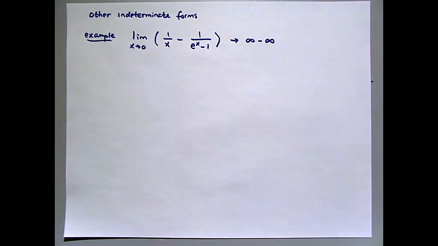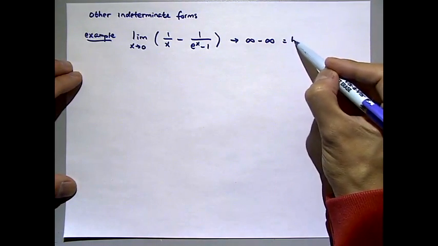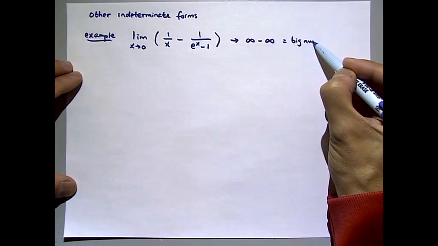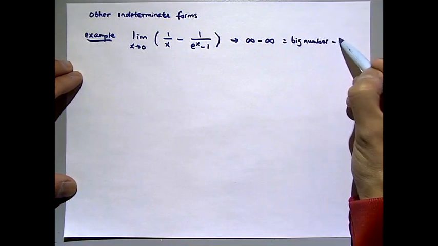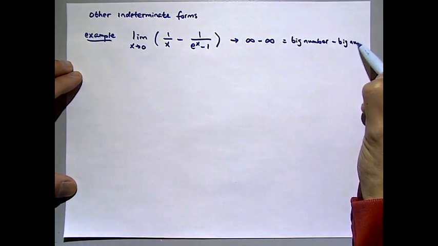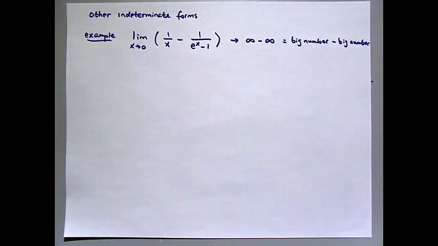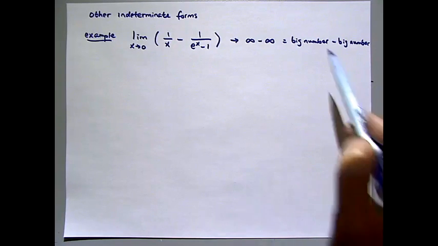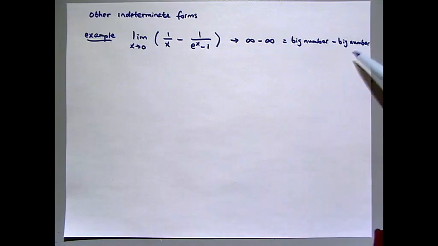The difference between two infinity really means a big number minus a big number. Now we don't know which one is bigger. The first one could be 100 trillion, the second one could be a million. In that case, it goes to infinity. It could be 2 trillion minus 1 trillion.